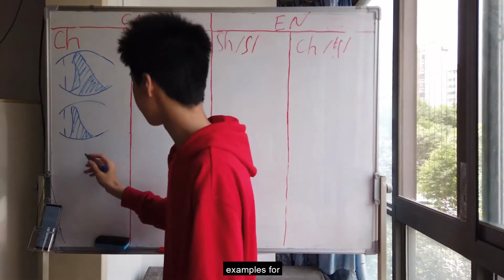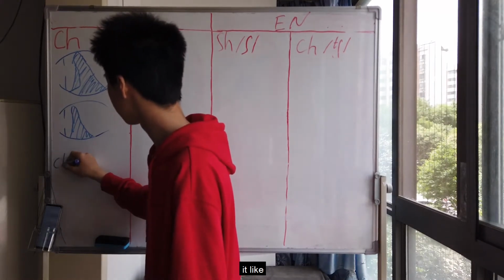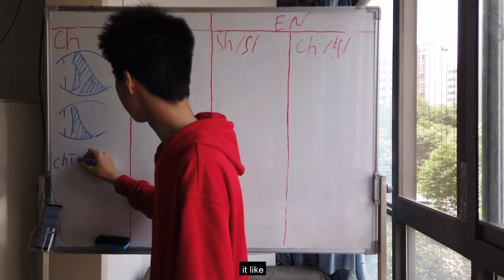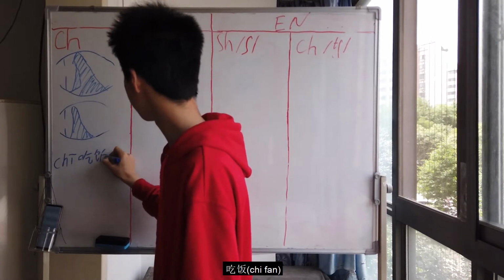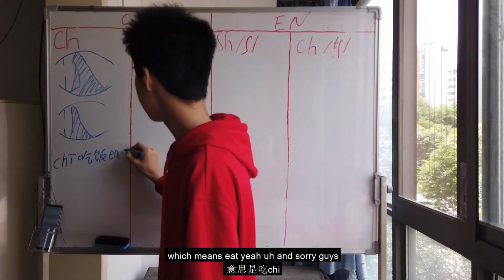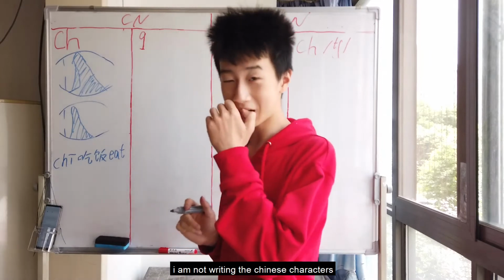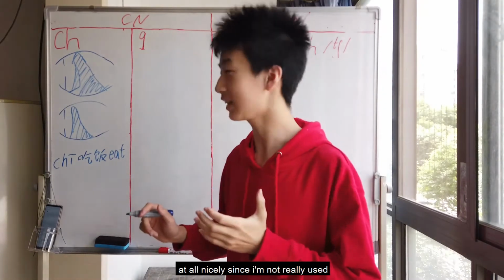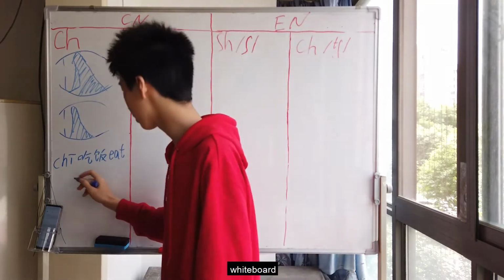Anyway, we have more examples for it, like 吃饭, which means eat. Sorry guys if I am not writing the Chinese characters nicely, since I'm not really used to drawing on the blackboard or whiteboard.